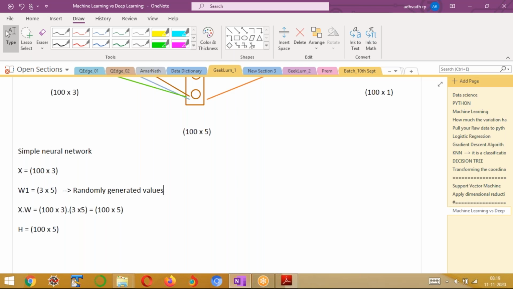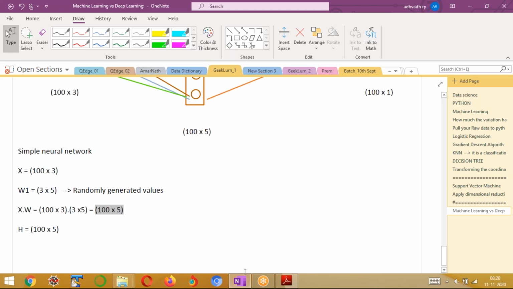If I make use of any package, it will create such initial values. Okay, initial values. Now 100 by 3 into 3 by 5 gives what result? 100 by 5 values.